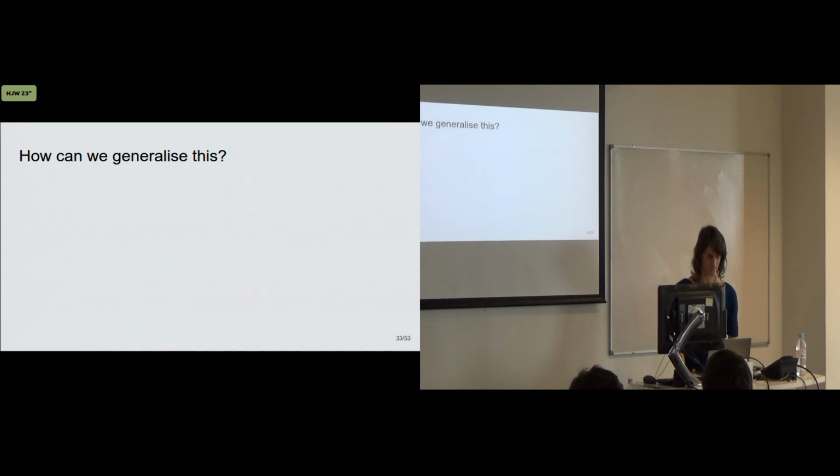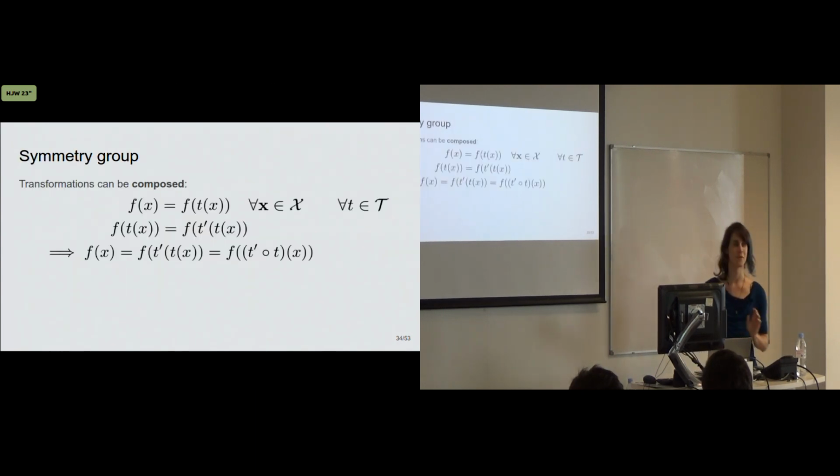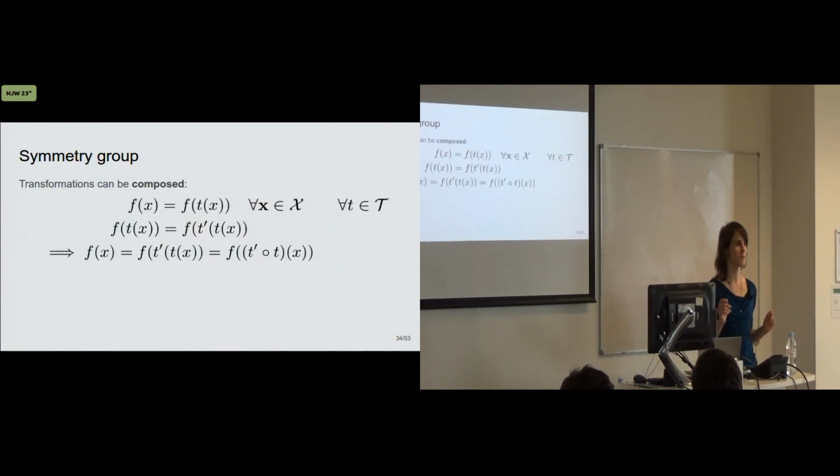Right, so at this point, just a brief reminder, but a bit more of the maths underlying what's going on here. So transformations can be composed because the invariance holds for any point x. If it holds at x, then f of x is f of t of x. But then we can also just apply another transformation on top of that.